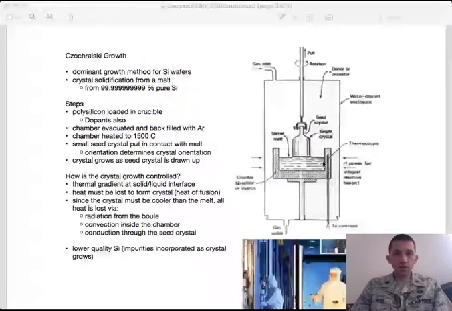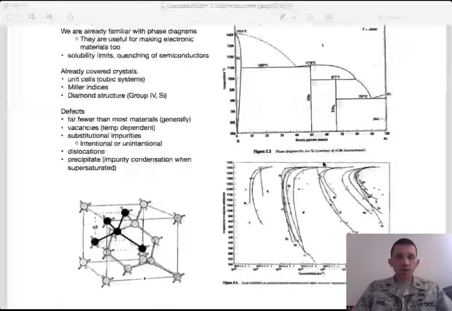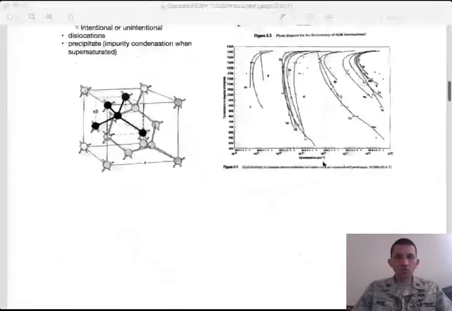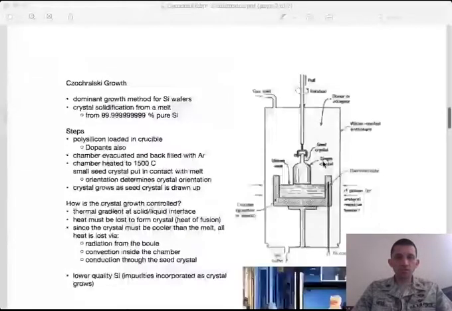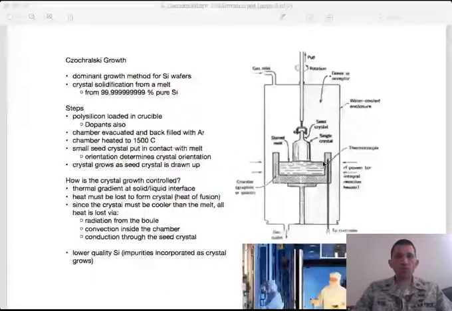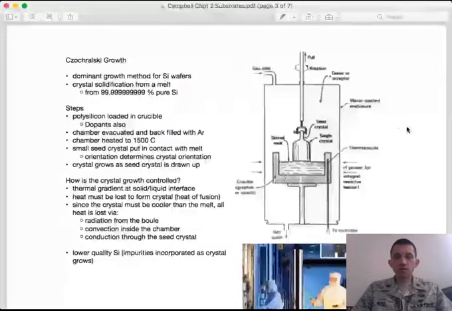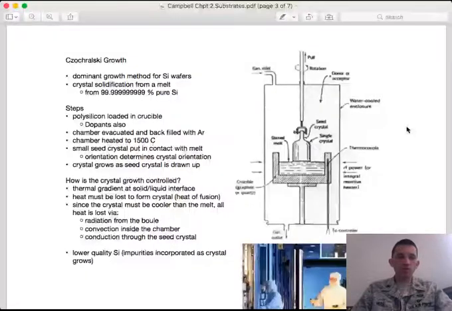this screen. Okay. So what I was talking about in part one was how silicon stacks up in regards to crystal structure and phase diagram and defects, similar concepts that we had talked about before. But the big difference here is that while it is a silicon crystal, it's a much different crystal than we are used to talking about with structural materials.